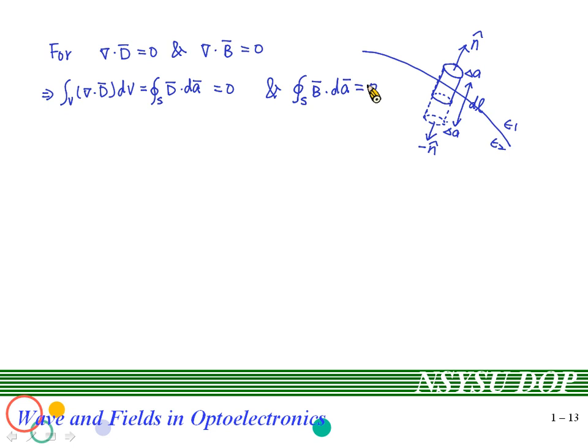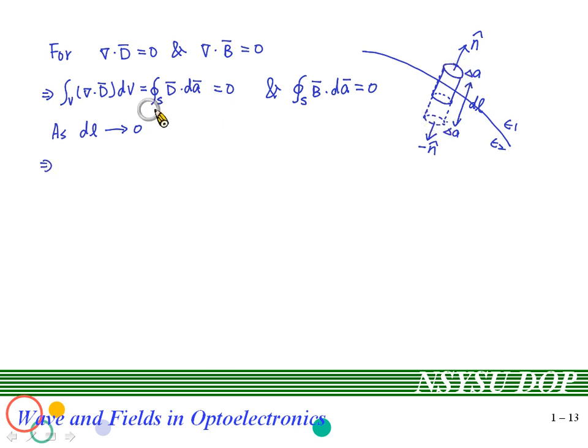Now we consider a situation where we make dl approach 0. This means that we press the upper surface to the interface, and we also press the lower surface to the interface to make dl almost 0. As a result, you can see that since dl is almost 0, the contribution of the sidewall is 0 too. So the total outward flux comes just from the upper surface and the lower surface.